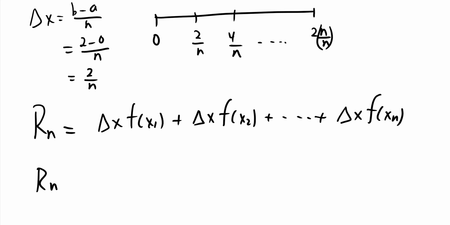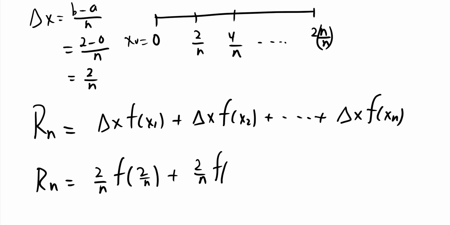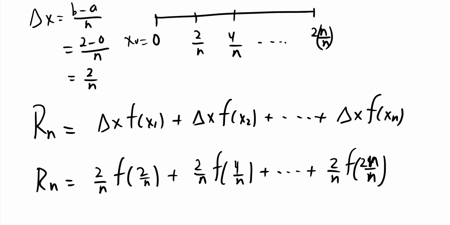For this specific one, delta x we found is 2 over n, f of x1, where x1 is 2 over n, then 2 over n, f of 4 over n, and so on up to 2n over n, which you can write as 2 if you like.